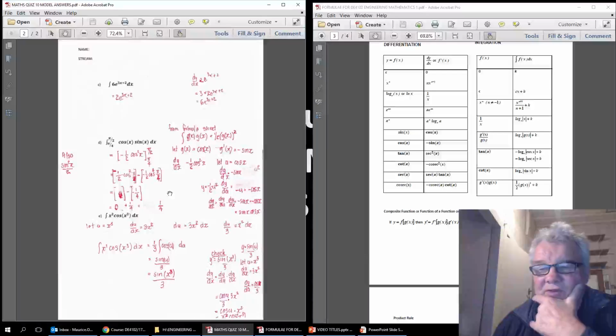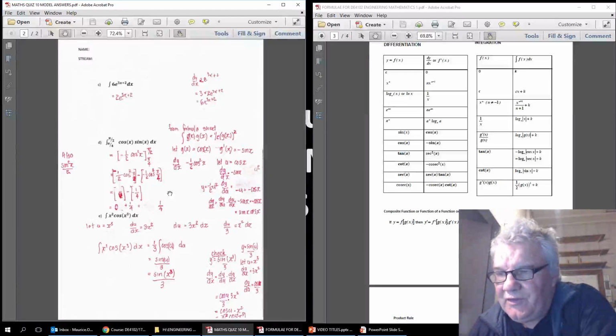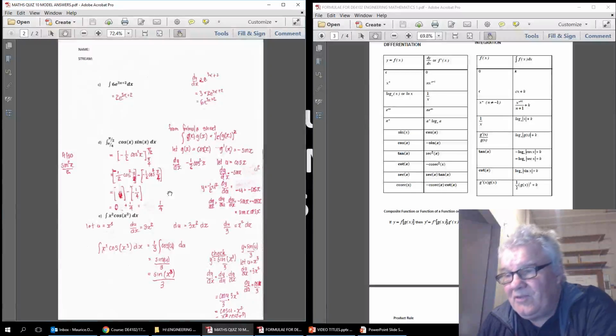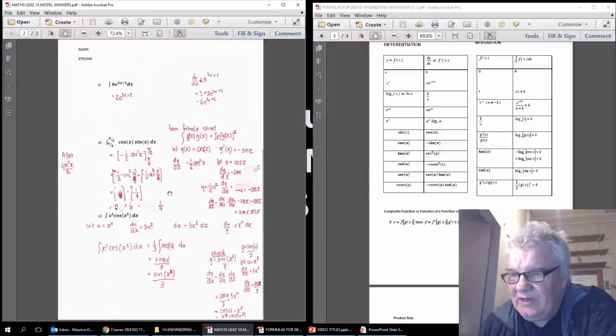So therefore, if we've got the integral of x squared cos x cubed dx, it's equal to 1/3 cos u du, because 1/3 du equals x squared dx.